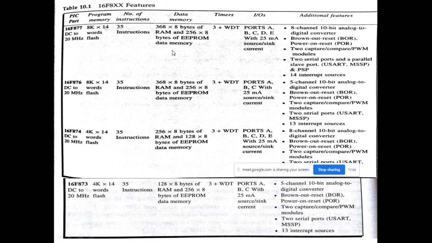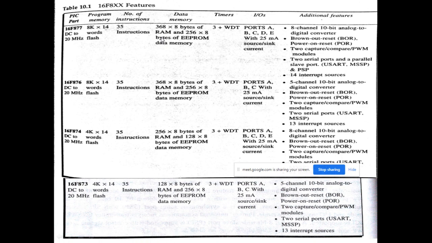In the PIC microcontrollers that we discussed last semester, only this RAM was there, smaller amount of course, but only this type of RAM was there, which is volatile memory. Readable, writable, but volatile. It is used for temporary storage of data during execution of the program.